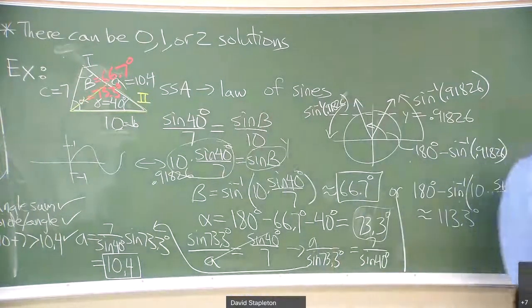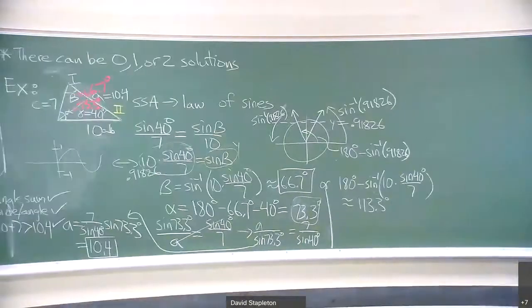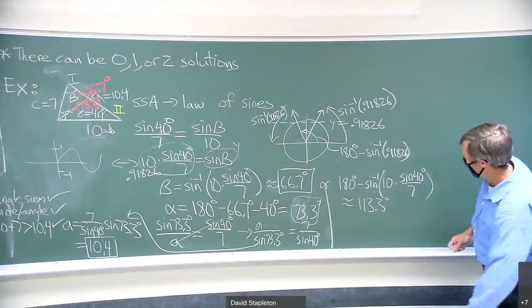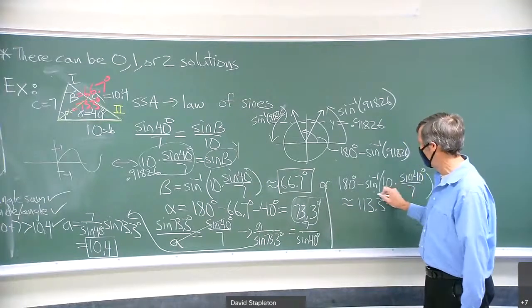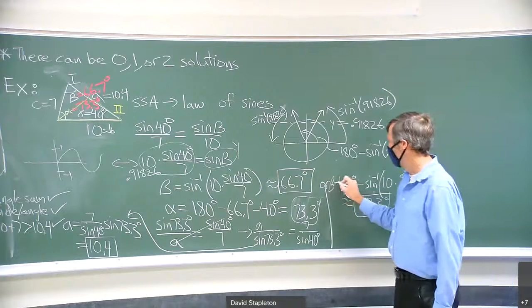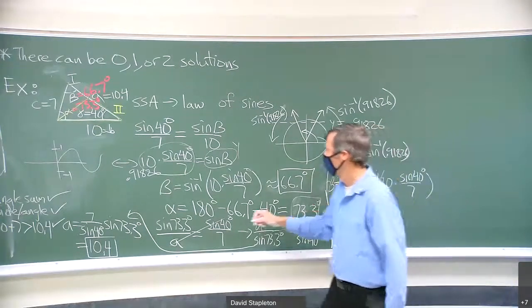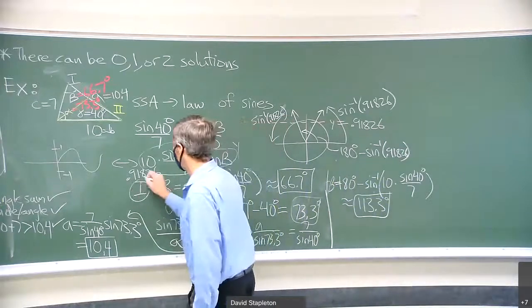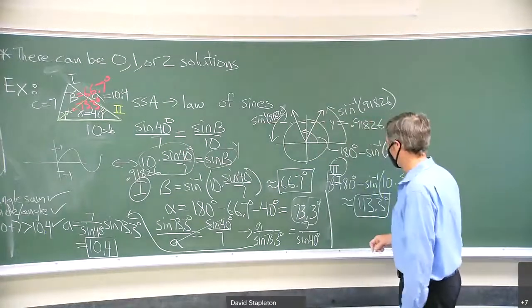Let's complete the other one. And what I have is the three given pieces of information, and then I find that beta in case 2, so this is case 1 over here. Beta in case 2 is 113.3 degrees.